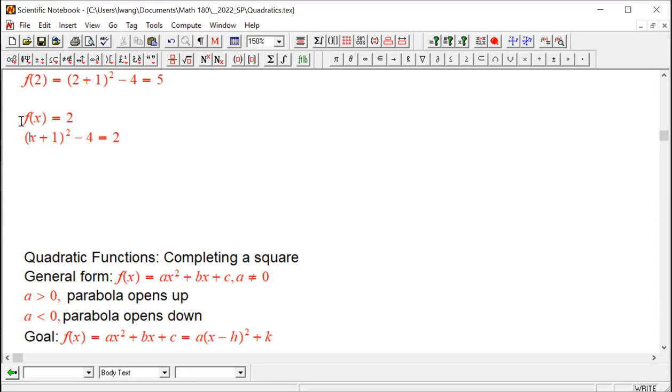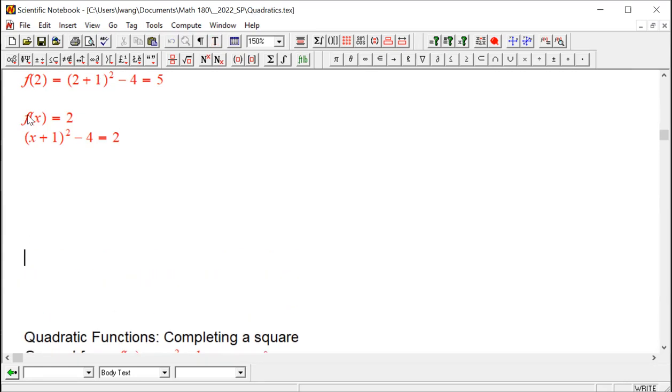And this tells us f of x is 2, or we can say if the output is 2. That's the if statement, if you choose to read it that way. I would like to read it as an if statement. In mathematics, we either have statement or if statement.